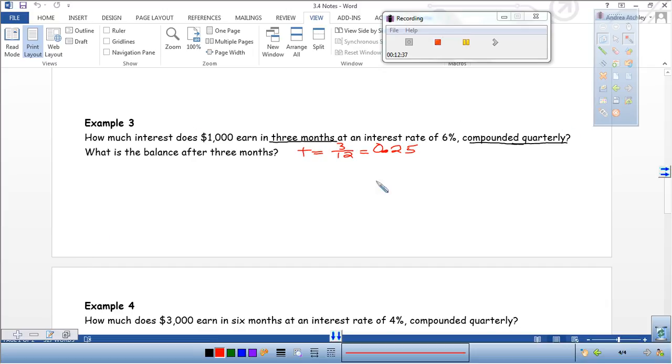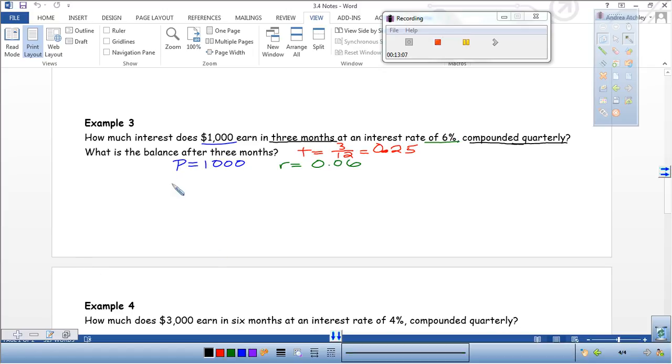Okay, we're going to use our same numbers. The principal again was 1,000. And the rate again is 6%. Any questions over that?